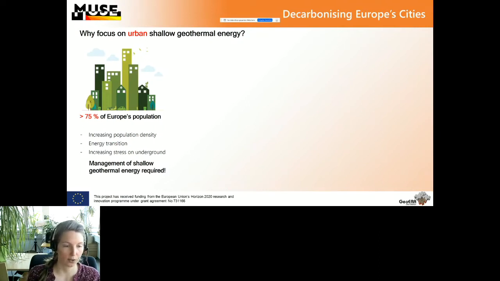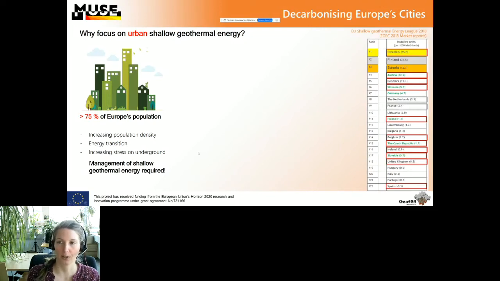The energy transition is also an important point in cities, and so we can expect increasing numbers of installations in the underground, which might lead to a higher thermal impact on the underground. So in order to be able to use shallow geothermal energy in future in a sustainable and efficient way, it is necessary that we have subsurface management.